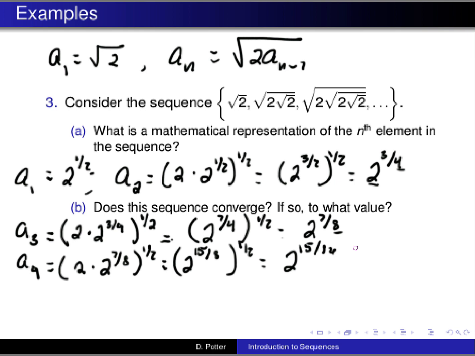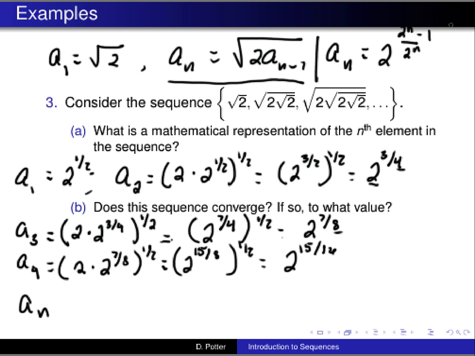All right, that seems to convince me that a sub n, so this is one way to write it, but I don't need to be recursive, and this happens sometimes, that a sub n is equal to 2 to the, well, what's in the denominator? And the denominator is 2 to the n, and the top is 2 to the n minus 1.